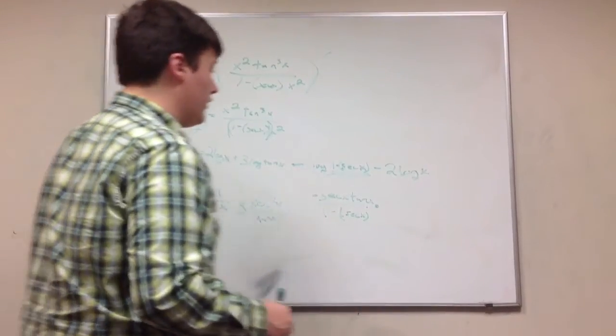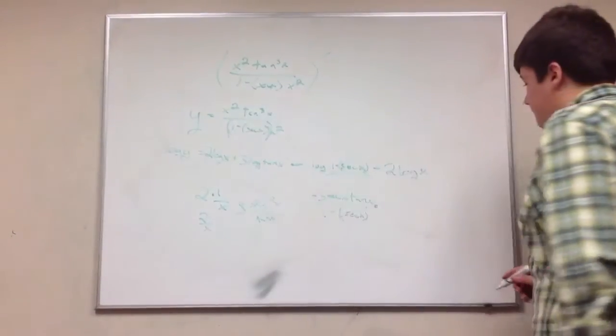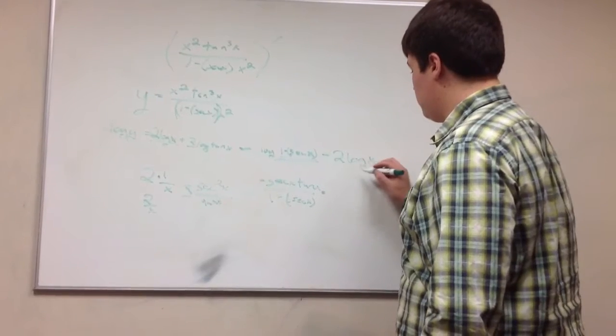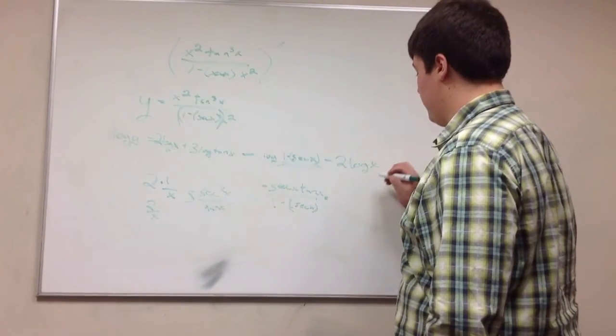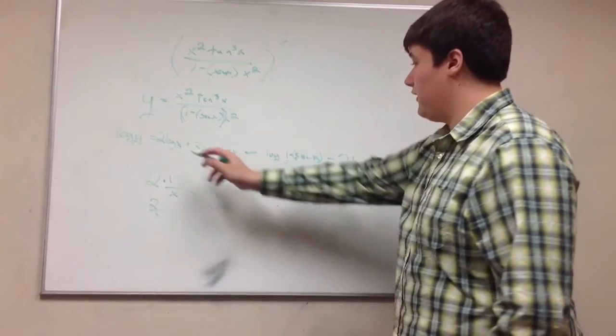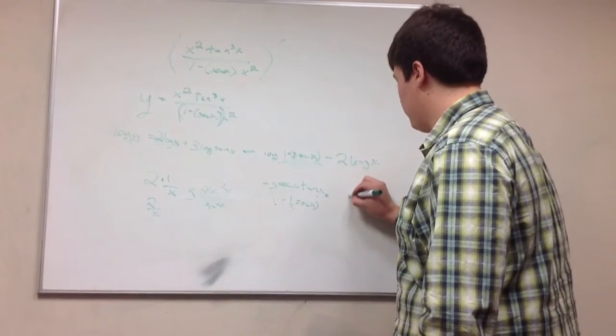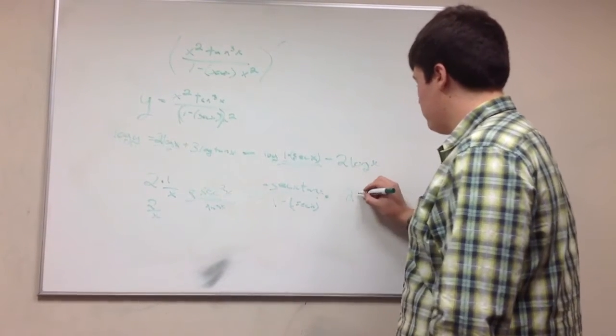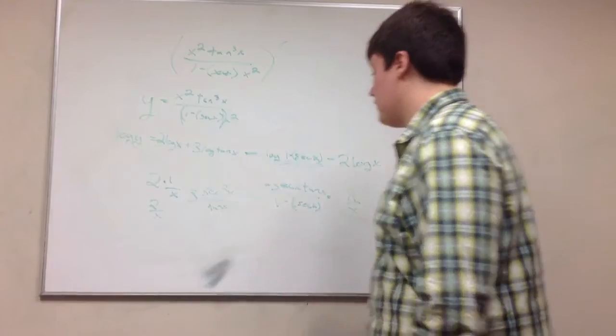Alright, there's subtraction there. We're going to go over this side. We've got 2 log x, and we already did that actually. So we know it's 2 over x.